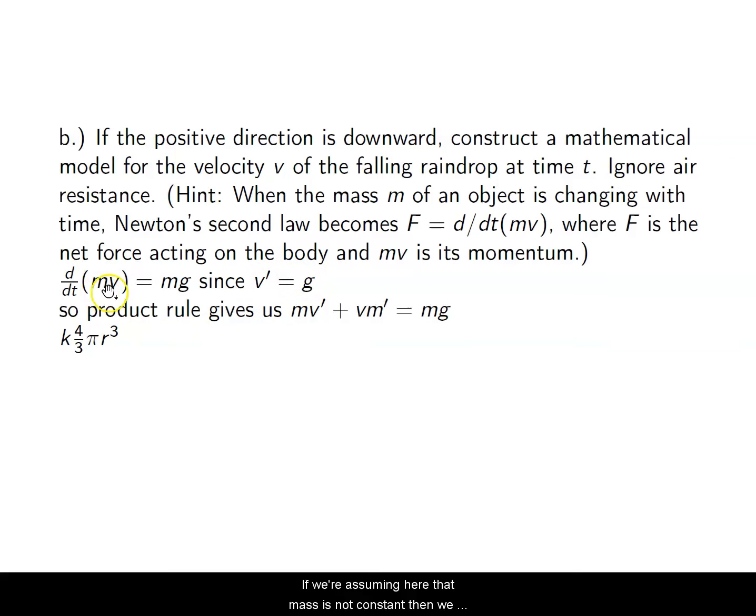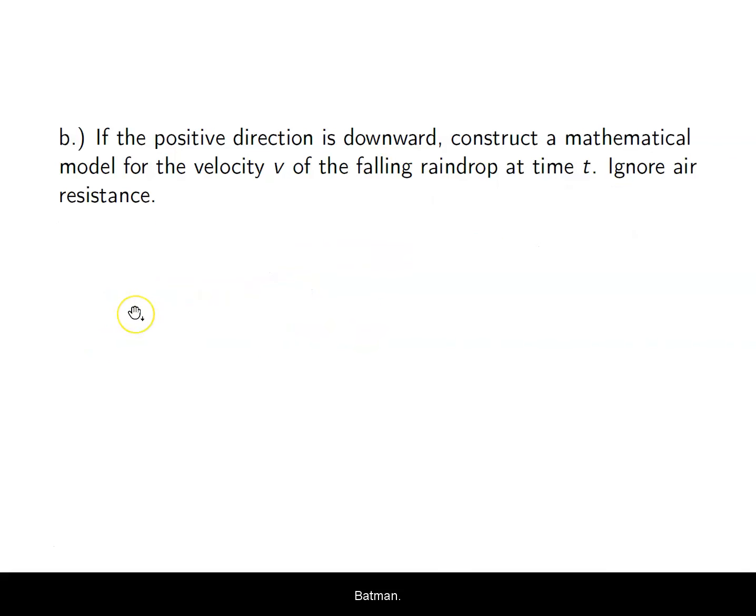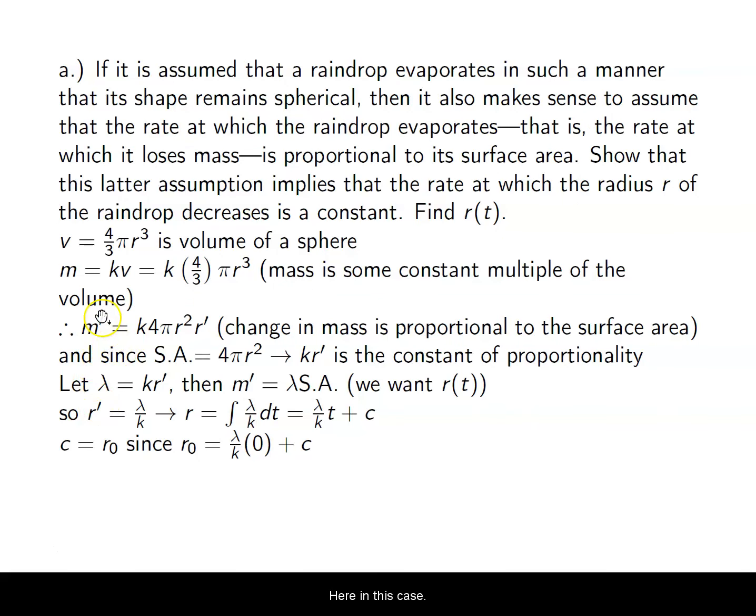If we're assuming mass is not constant, then we would be using the product rule here. It's actually not constant, because we know that mass in this case is relative to the radius at some time, or the volume, I should say. It's a constant multiple of the volume. So for m, it is going to change over time because the mass is not constant.